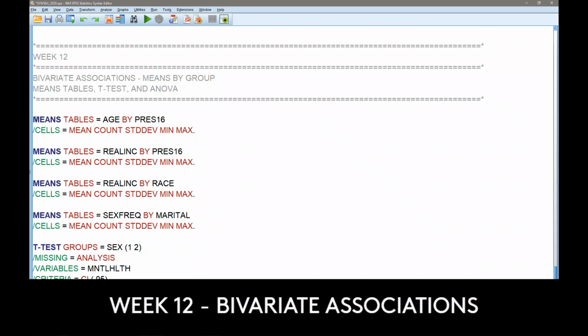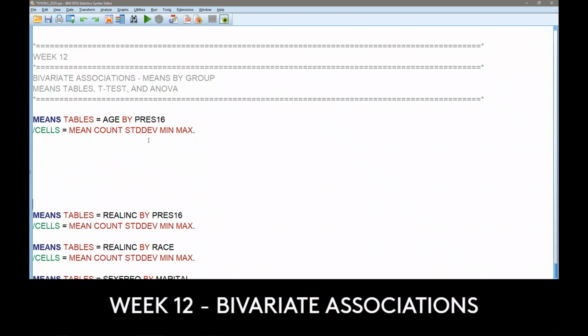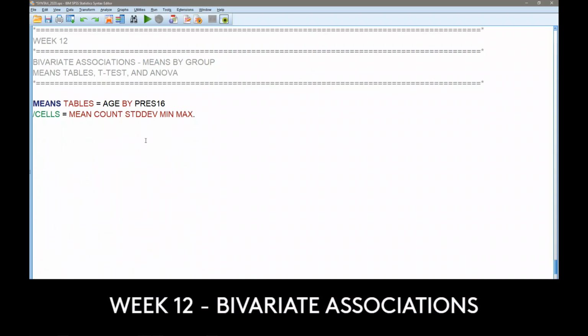I'm also going to show you how to produce a simple means table that lets us look at the average level of our continuous measure by whatever group we are specifying. So we can calculate very basic descriptives with the means table command.